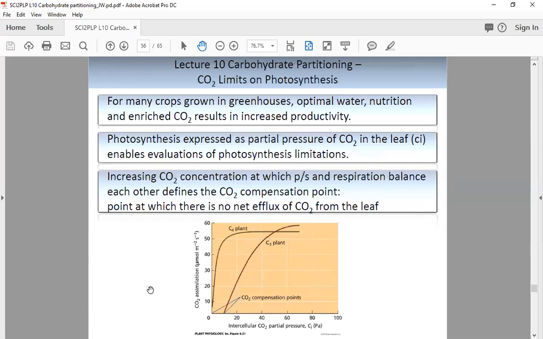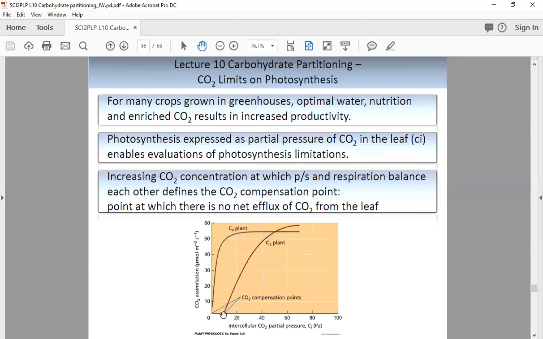So let's have a look at this graph here, which plots carbon dioxide assimilation as a function of the partial pressure of intercellular carbon dioxide. And we can see some interesting features here between C3 plants and C4 plants. So in C4 plants, photosynthetic rates actually saturate very quickly at about 15 pascals.